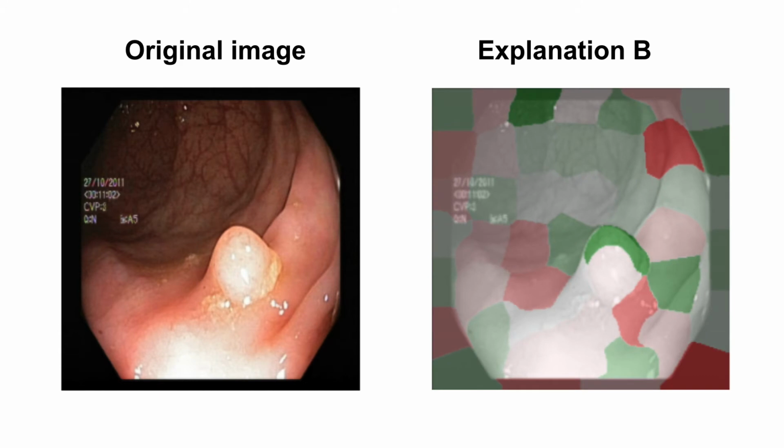The other explanation method shows colored regions on the image, indicating whether the region pushed the AI system towards or away from its decision. So this is similar to the previous method, but it's not the same. Here, green regions support the AI system's decision, while the red regions disagree with the decision.